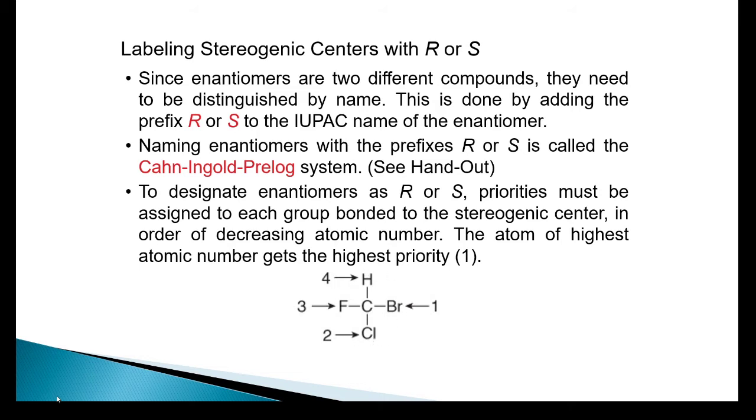We are going this way with priority. We are going clockwise. All right, clockwise tells us this is R. R to the right, S to the left, counterclockwise is S.